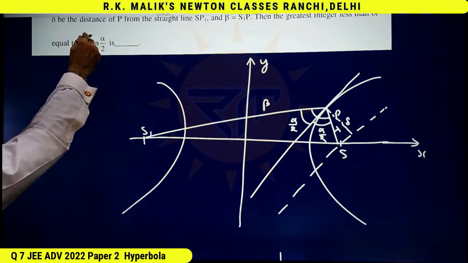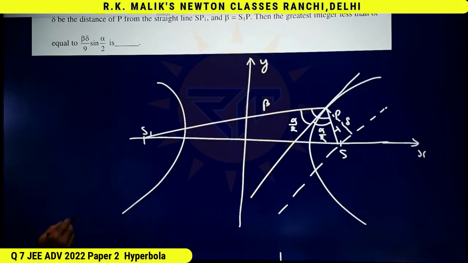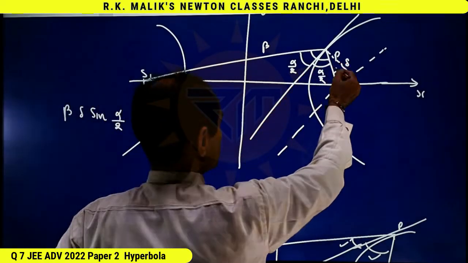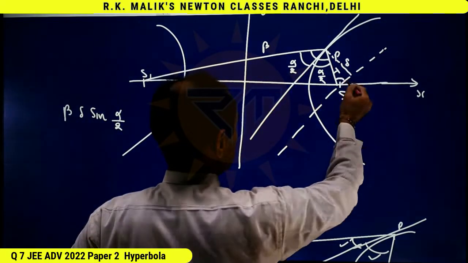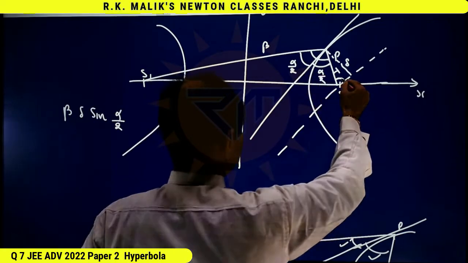For calculating the value of this, for the time being I ignore 9. I have to find the value of beta delta sine alpha by 2. And because this angle is alpha by 2, this angle will also be alpha by 2, because these two lines are parallel.